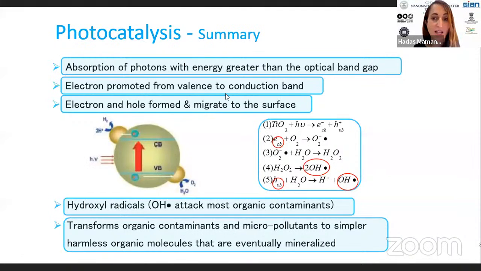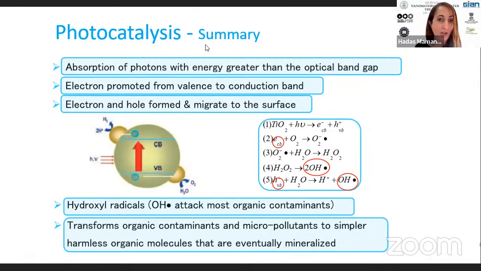Okay. And to summarize photocatalysis: absorption of photons with energy greater than the optical band gap, electron promoted from valence to the conduction band, electron and hole formed and migrate to the surface. Hydroxyl radicals attack most of the organic contaminants. They transform the organic contaminants and micropollutants to simpler, harmless organic molecules that are eventually mineralized.